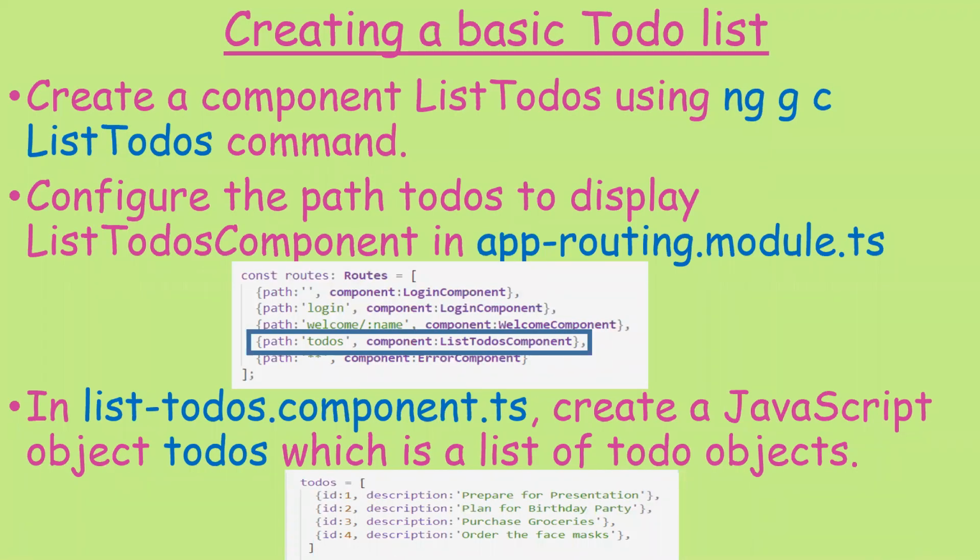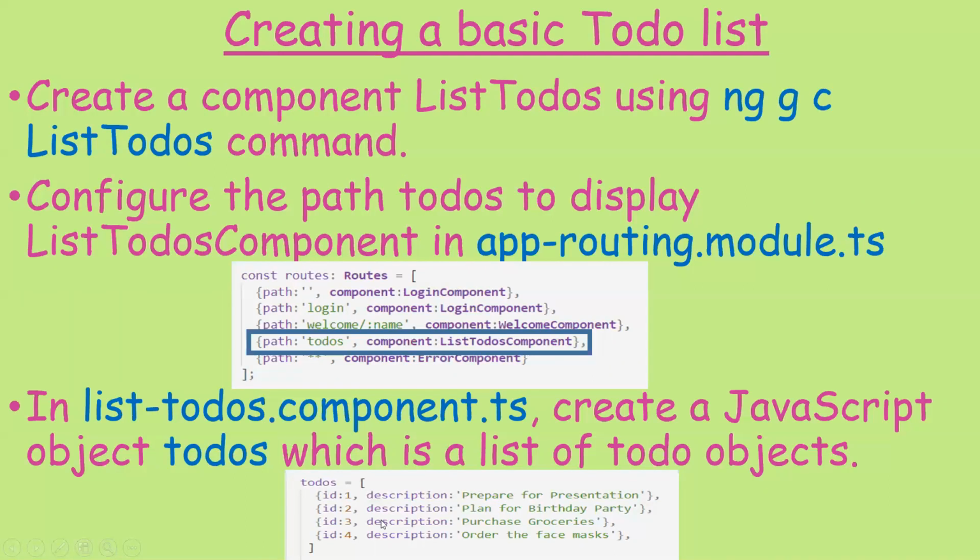Now we want to display the actual to-dos in the list to-dos component HTML page. In order to do that, we need to create a JavaScript object just like this. So this is a JavaScript list object. This to-dos is a list that contains objects of the same type. And this is the syntax of each of the objects: ID, because I want to give an ID to my to-do item, and then there is a description.